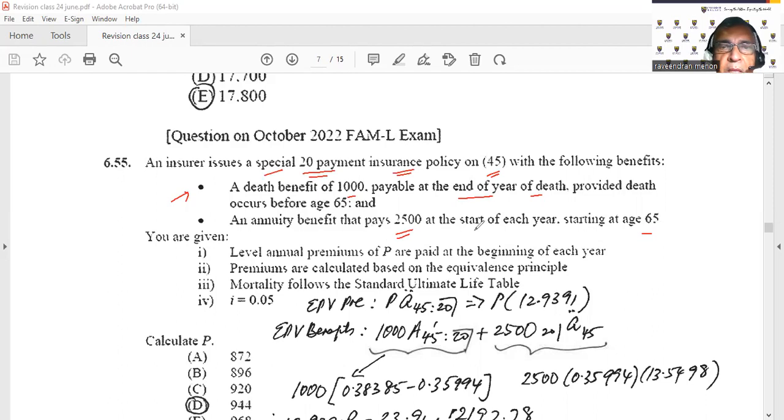You're told that level annual premiums of P are paid at the beginning of each year. Premiums are calculated based on the equivalence principle. Mortality is as per our standard ultimate life table, and the interest rate is 5%. We are asked to find P.